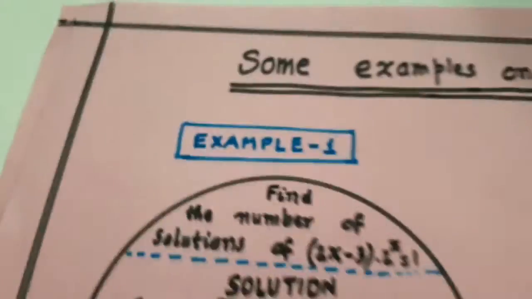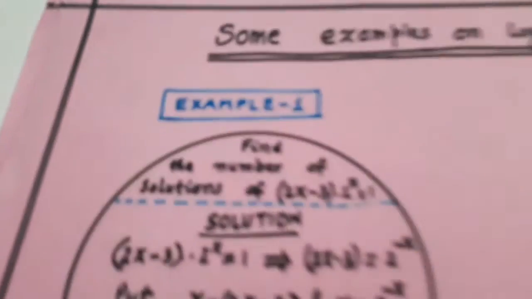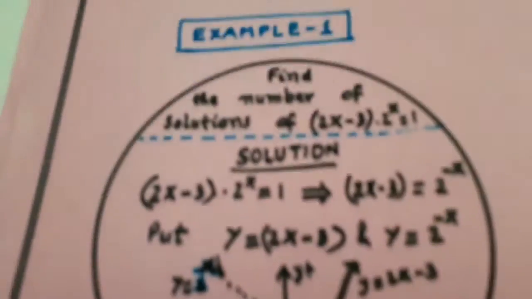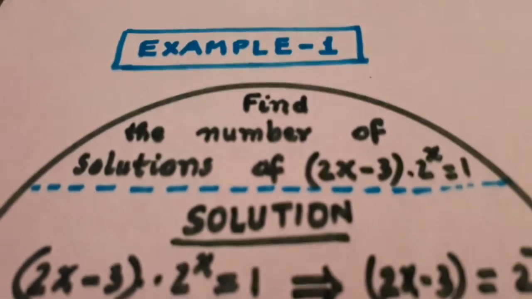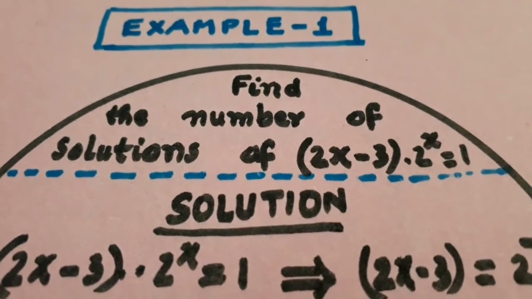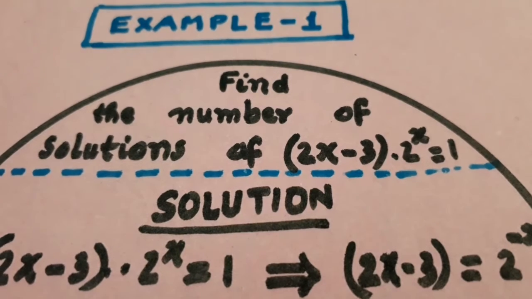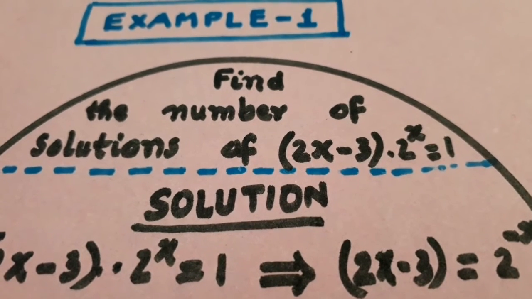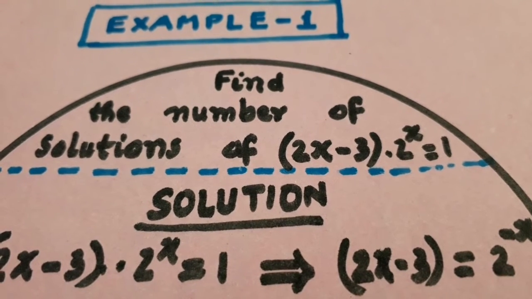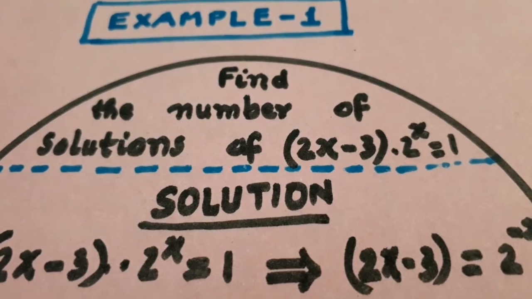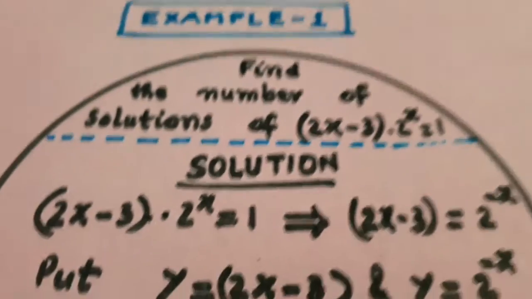Now look here, I have taken 3 examples. Example number 1 is, find the number of solutions of (2x minus 3) dot 2 raised to x equal to 1. Now these are 2 curves.